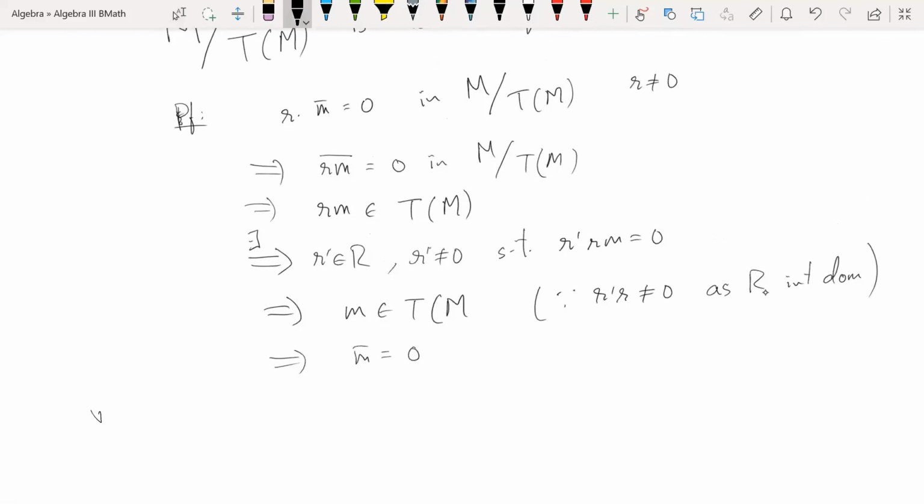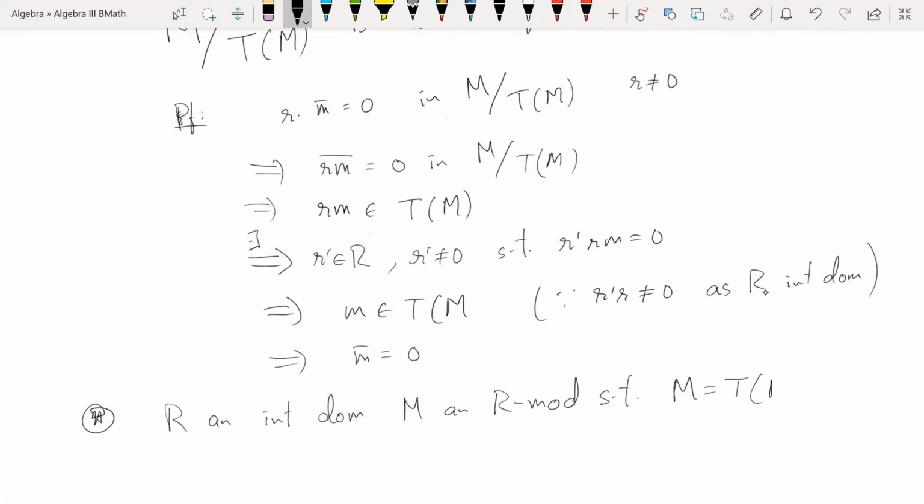So the last statement, and this is where we will end. I won't prove it; you can check for yourself. Let R be an integral domain, M an R module such that M equals Tm.